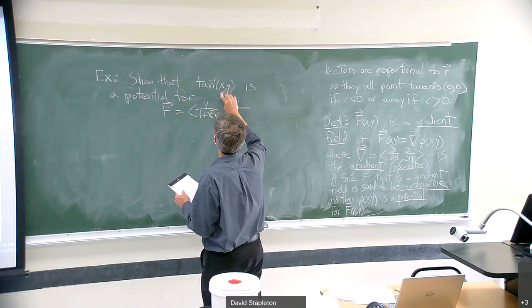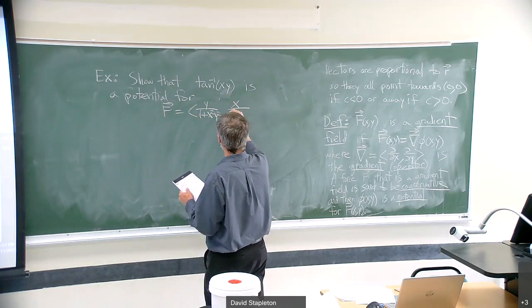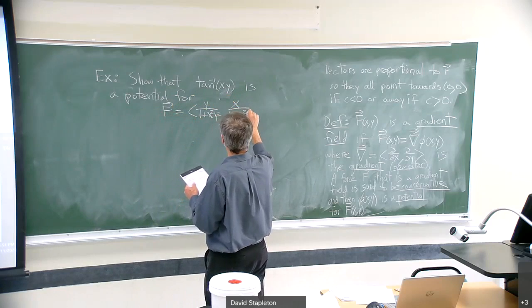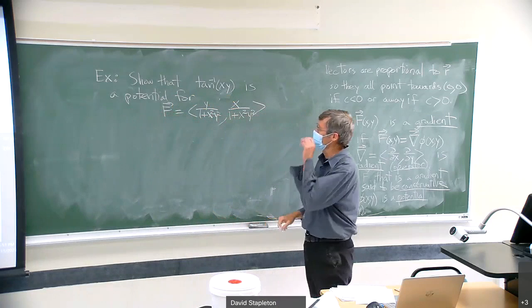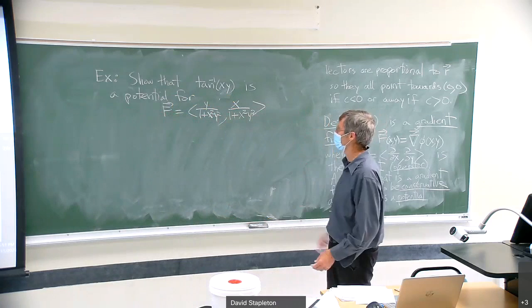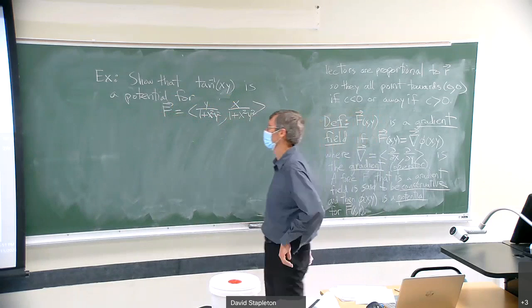This is x times y here, I should have put a comma there. Okay, how do you show that it's a potential? You just take the gradient and see if you get f. There's nothing more to it than that.